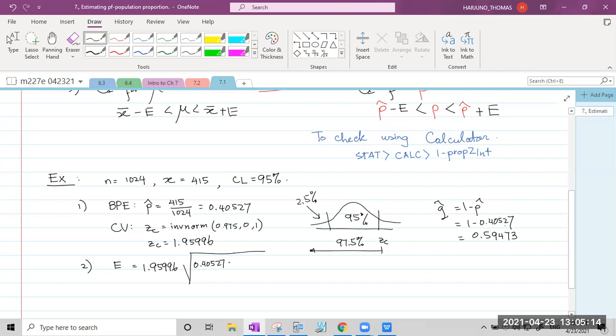Q hat is something you should have known even from the binomial distribution, right? But if you don't really practice, you don't even know what that means, and you will keep flipping your pages, your notes, just to find out what q hat is. So you burn your valuable time in your test for something you should have known even before the test.